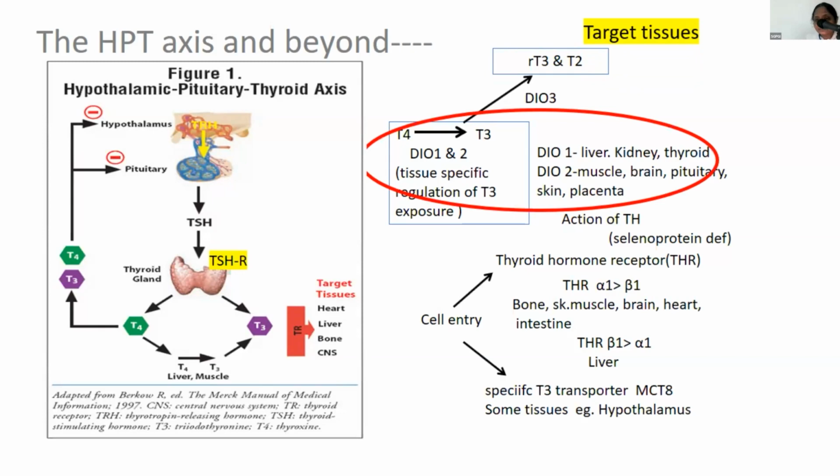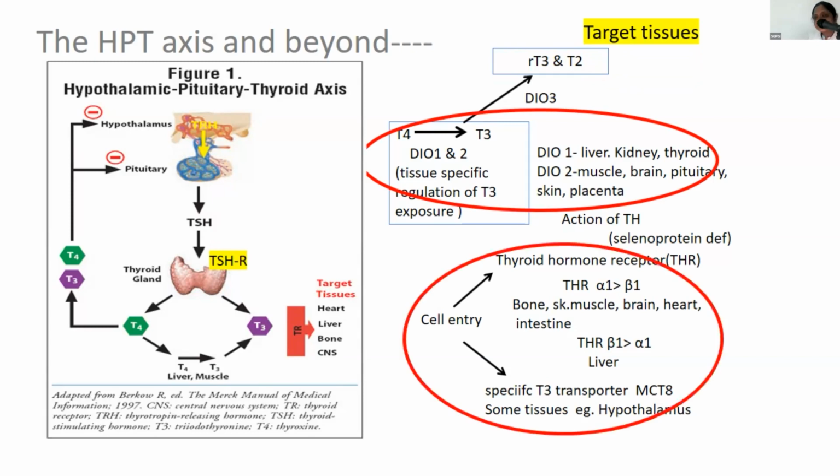Deiodinase 3 converts it to reverse T3, which is a metabolically inactive form. And as we know, there are several target tissues for thyroid hormones, and each of these has different levels of expression of these deiodinases.